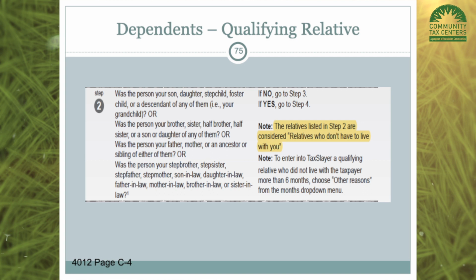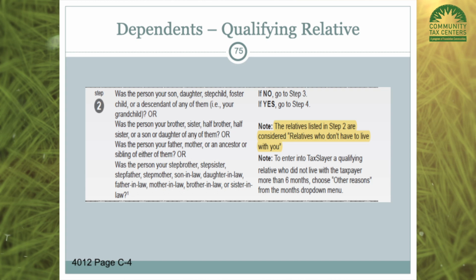So if somebody is 25 and did not work for 2022, they're not considered a qualifying child because of their age. They would qualify as a qualifying relative based upon the criteria.